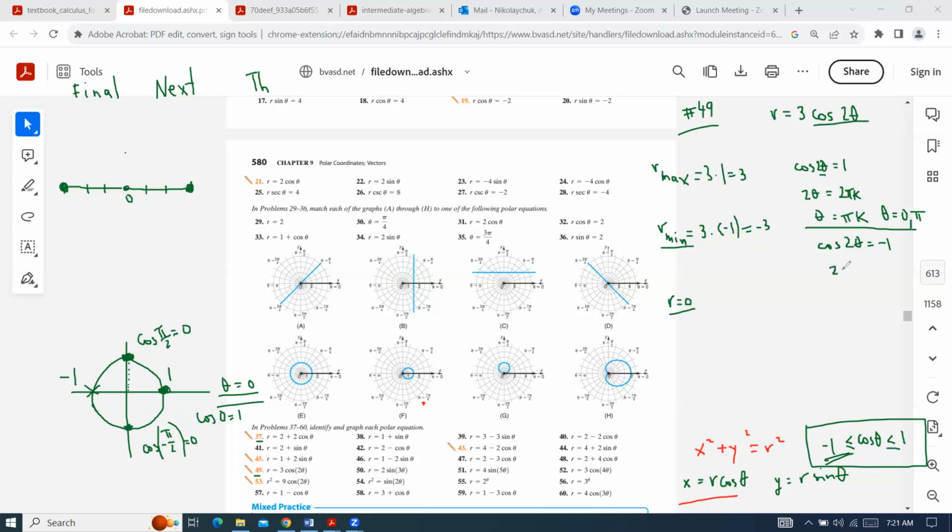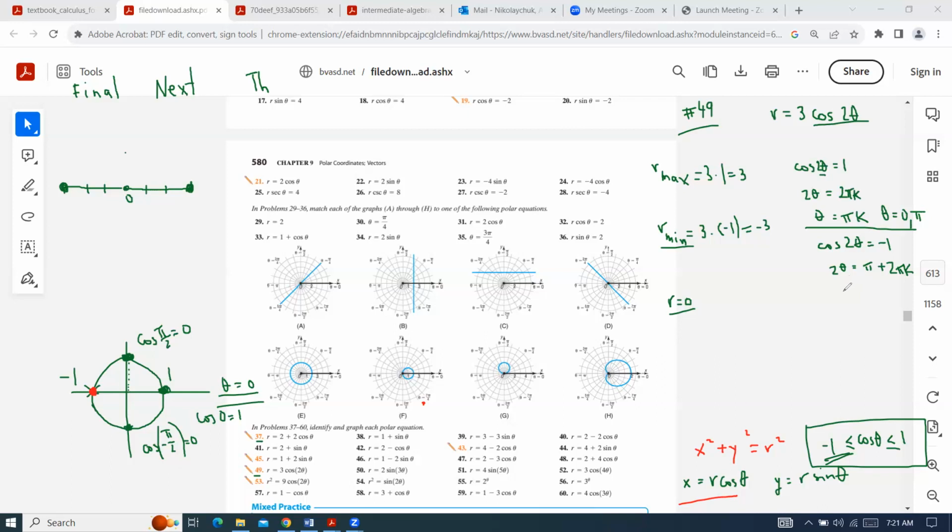And now I have an analogous equation to solve. So 2 thetas is going to be pi plus 2 pi k. The period is always 2 pi k. So we're talking about the point here, right? When we have a -1 for cosine.